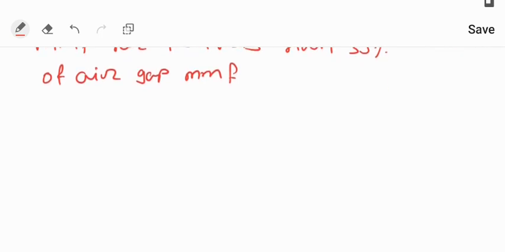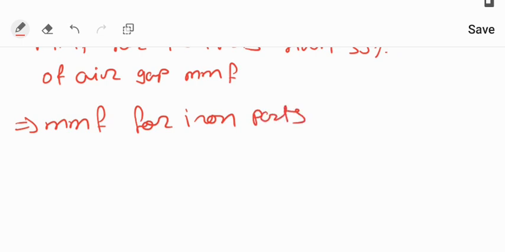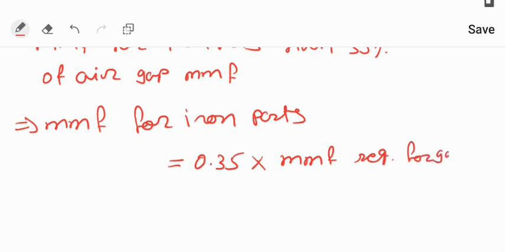MMF for iron parts is equal to, as given, 35%, so we make it 0.35 into MMF required for gap.